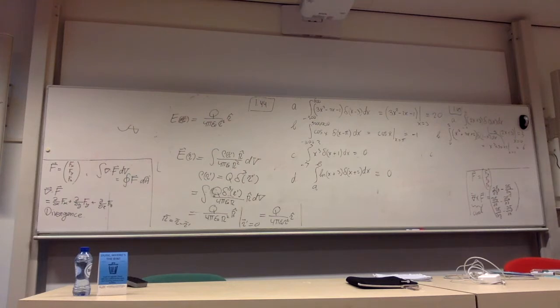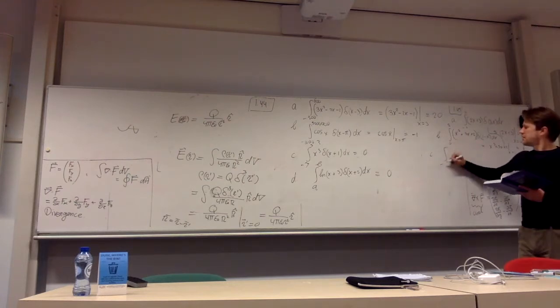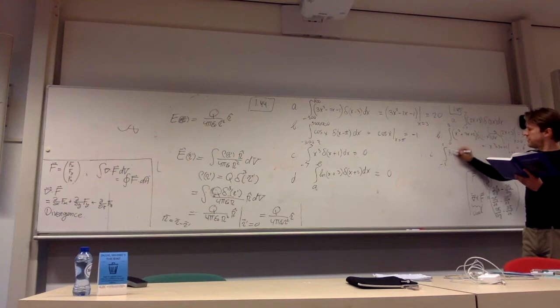C. The integral from minus 1 to 1 of 9x squared times Dirac delta.